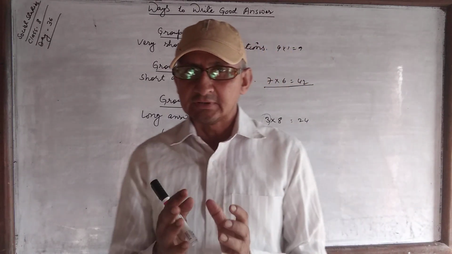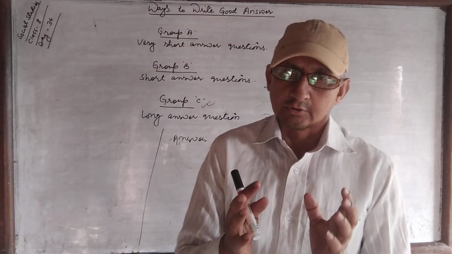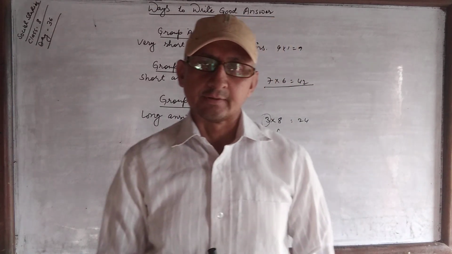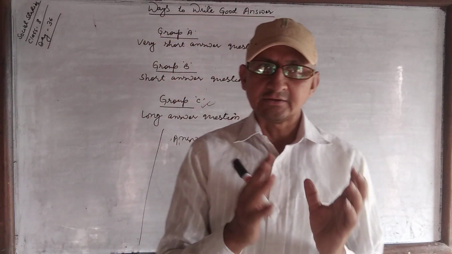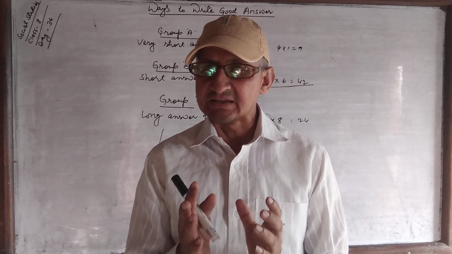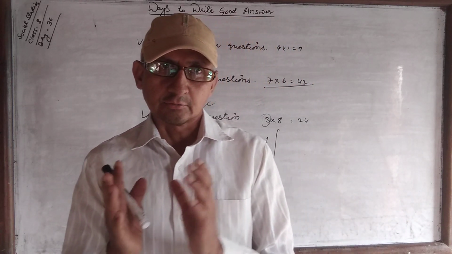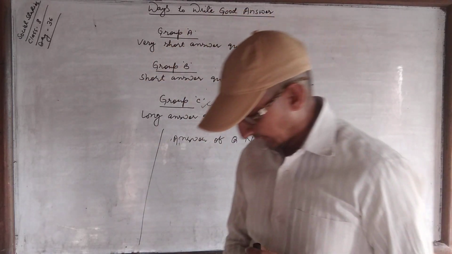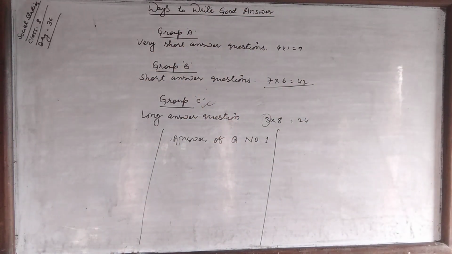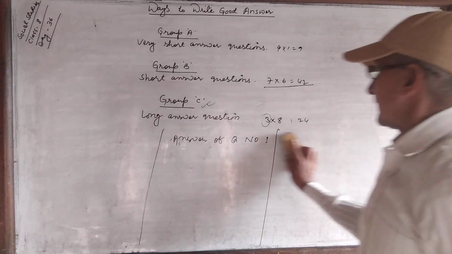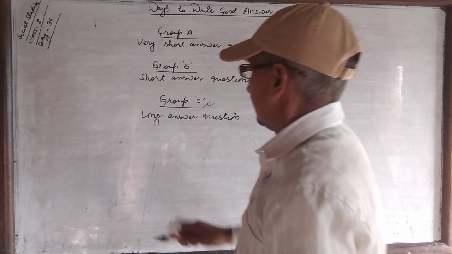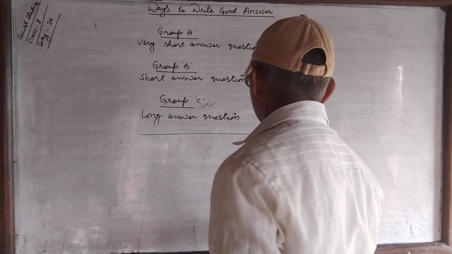Another important thing you have to know while writing the answer of the questions of social studies is to write your answer by making a table for questions like differentiate.